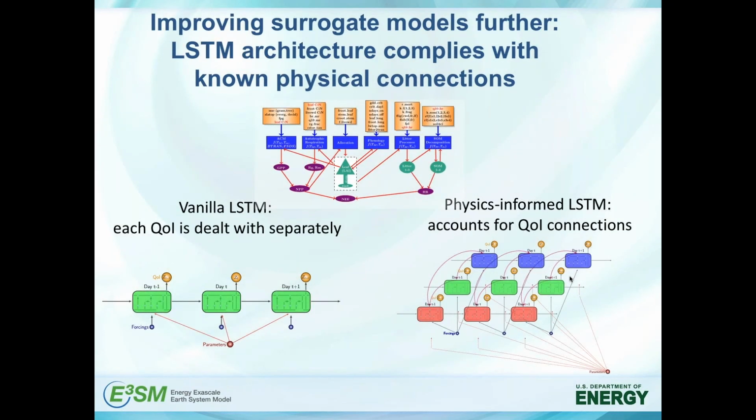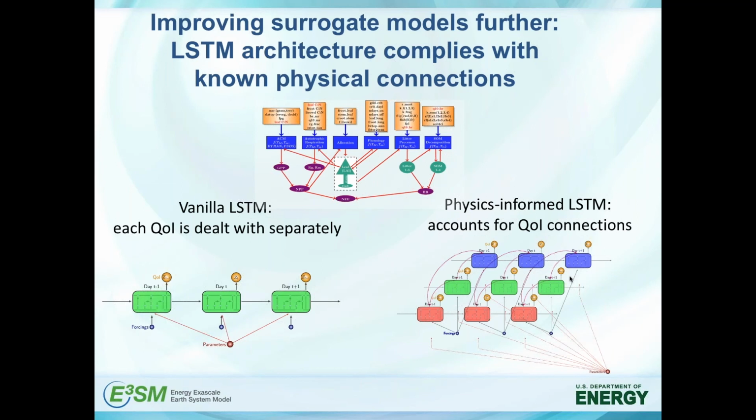So we're also looking at how we can improve surrogate models further. I think these dimension reduction techniques can go a long way at these global scales. But we do note that in a lot of cases we're dealing with output time series, and so machine learning techniques that are able to handle these and to look at the properties of these time series.